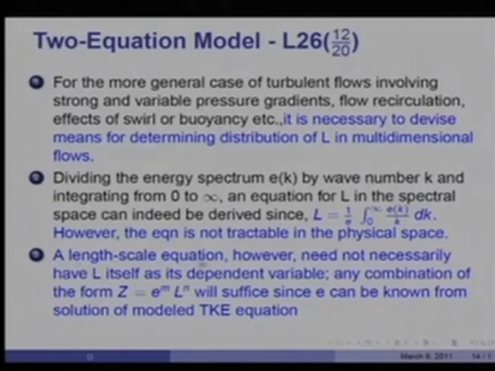But then a length scale equation need not necessarily have L itself as its dependent variable. Any combination of the form z equal to E raised to m L raised to n will suffice, since E can be known from the solution of the model turbulent kinetic energy equation. There have been some proposals for an equation for z, which is a composite variable E raised to m L raised to n.